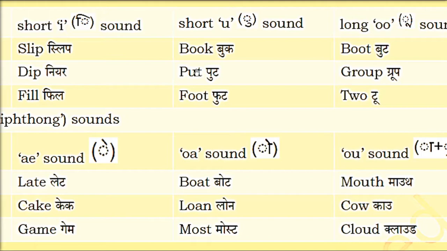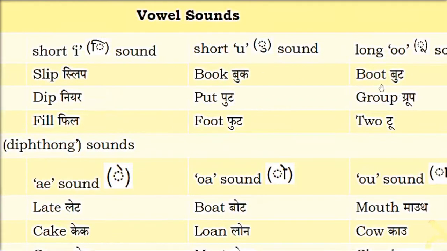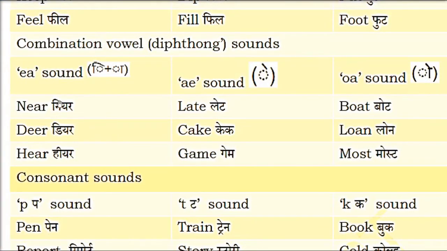Now coming to diphthongs, you see we are combining two vowels, and these vowels can be combined in various ways. The combination can be anything. EA will sound as Ia: near, dear, here, right?